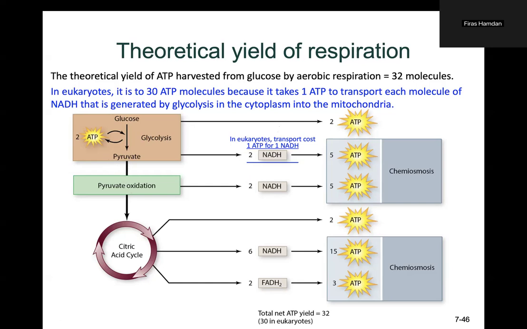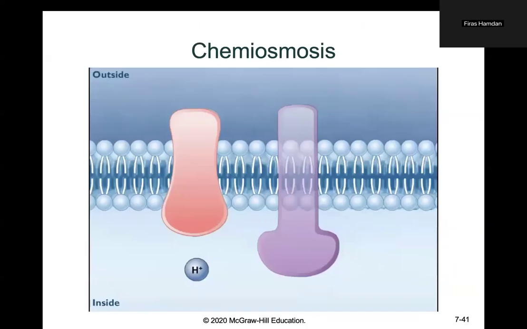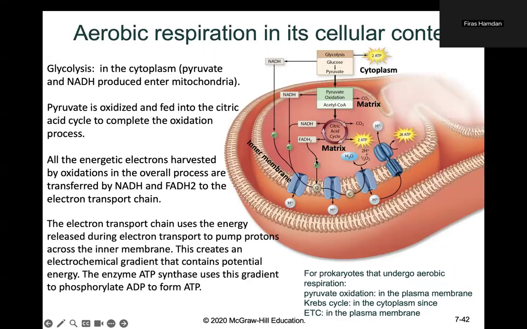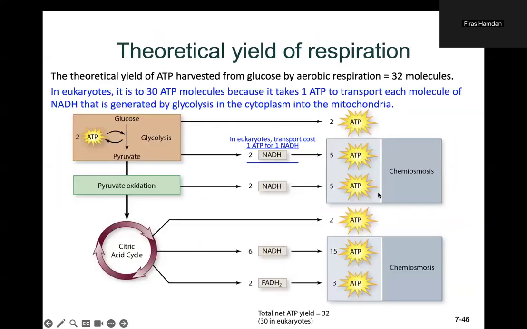One NADH can produce, sorry, two and a half ATPs, my bad. FADH2 produces one and a half, because remember that FADH2 will only pass electrons to ubiquinone, so it doesn't go here. NADH can produce more because it's pumping out many more hydrogens.